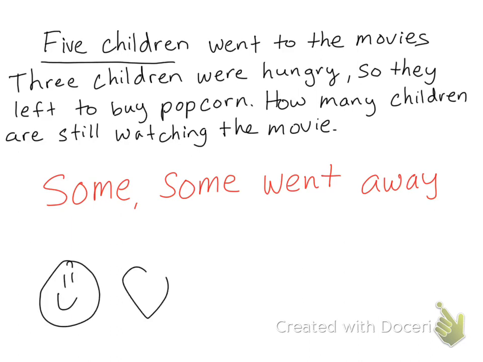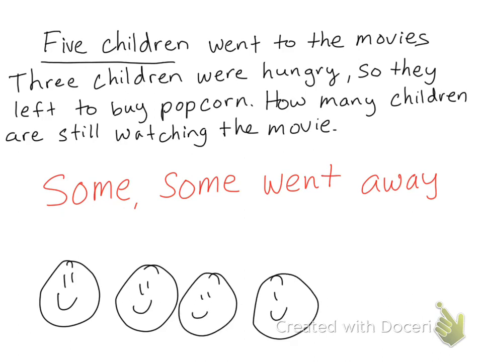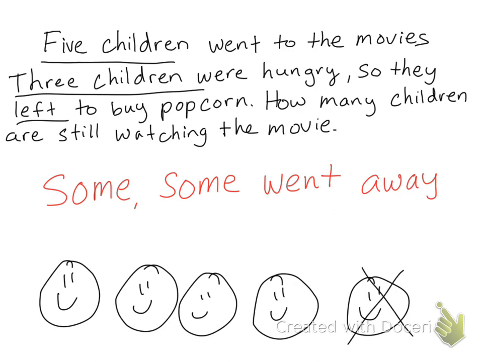1, 2, 3, 4, 5. Then it says 3 children left. So I'm just going to put an X mark showing which children leave. 1, 2, 3. So how many children are left? Well, you can see that there are just 2 children left.